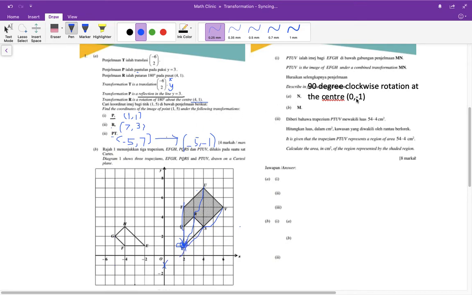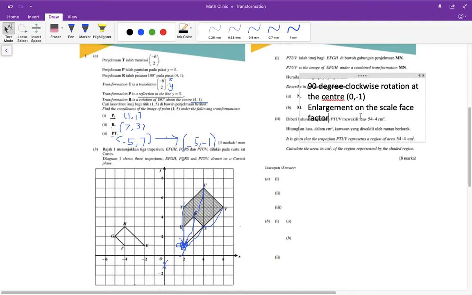So how do you write this? Let me think. This is my way of writing it. I always remember enlargement on the scale factor.